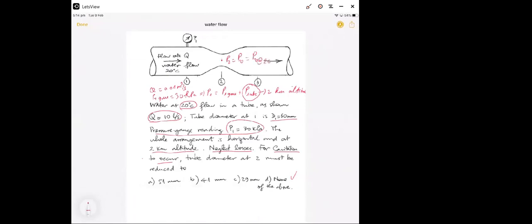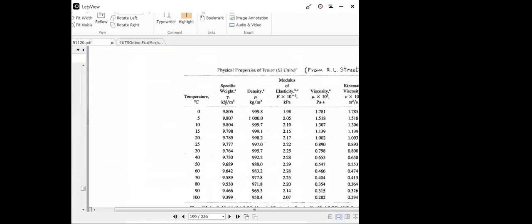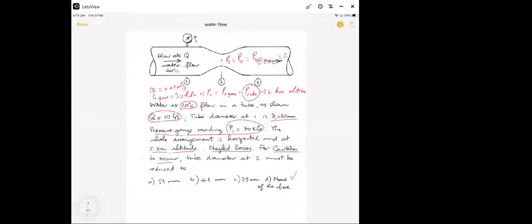At 20 Celsius, the vapor pressure is 2.34 kPa. This means P2 will be equal to 2.34 kPa, and this is absolute pressure.